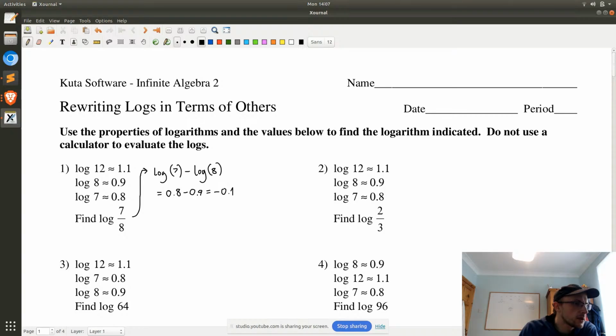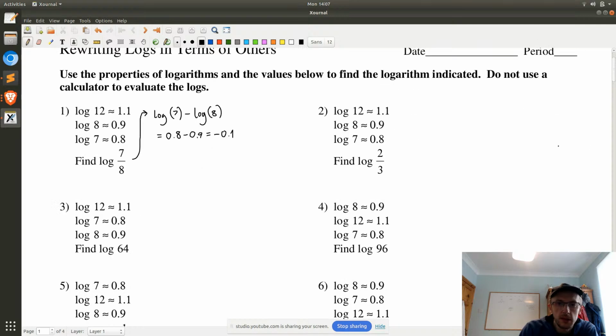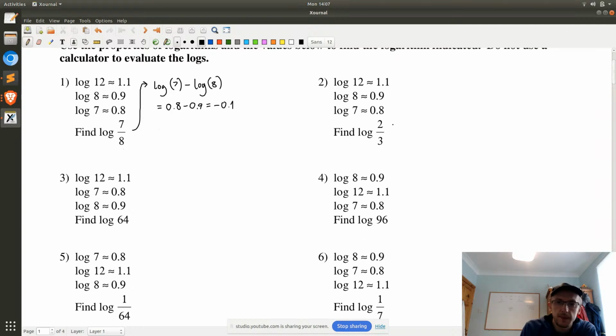Okay, so there's 24 in total. Totally fine for that one. Right, okay. So this would be strange. That would be log, well, I'll rewrite it up here. I'm not very used to this.